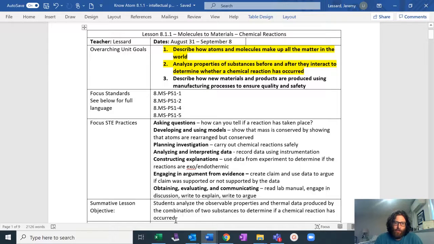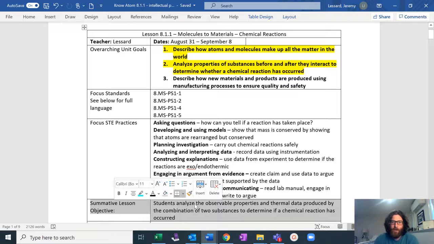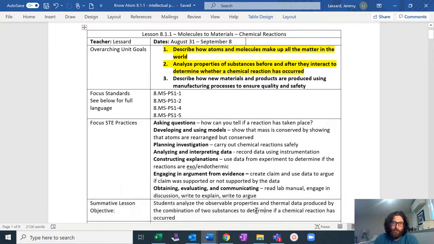And then this right here, the summative lesson objective, is what lesson 1's mastery objective is. So yesterday we looked at mastery objectives being like, what is the end that we can have in mind, and then what are the steps we need to take. This is the end, right? The summative lesson objective. And so where did I get that?